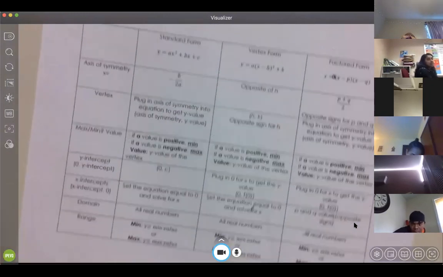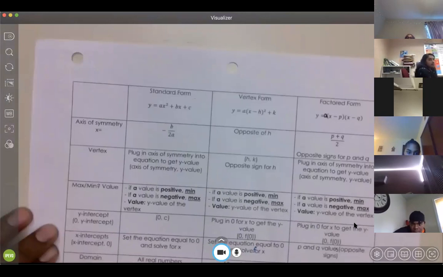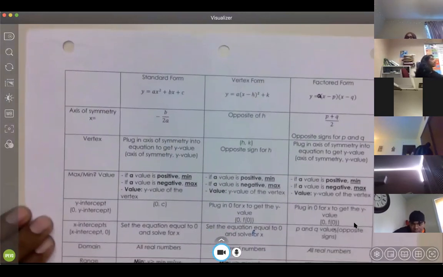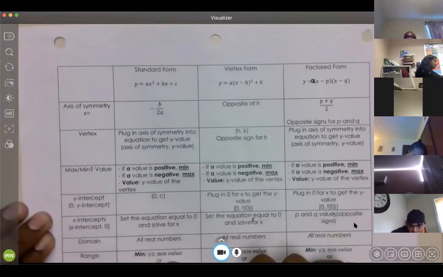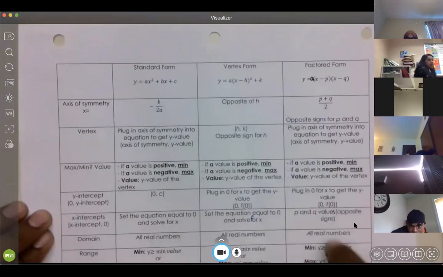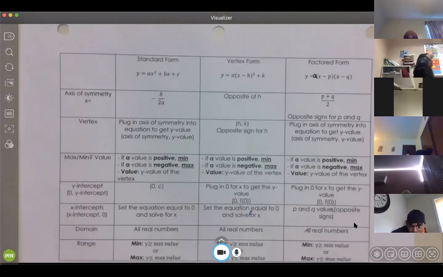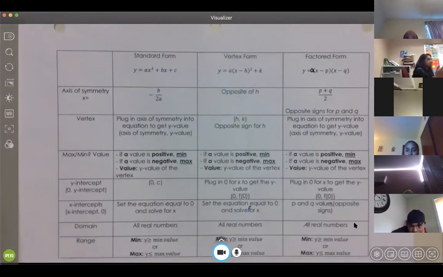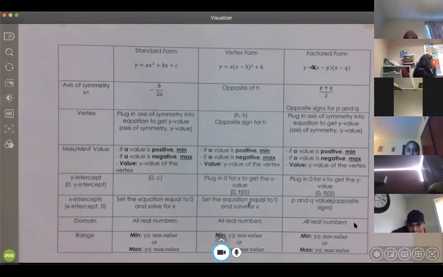Today we're going to be focusing on standard form, which is this column, but tomorrow we'll be doing vertex form, so this column, and then the day after we'll do factored form, and then I'll put them all together and ask you to be able to differentiate between them. So it's really helpful if you have this cheat sheet available just to quickly refer back because there is a lot of information.